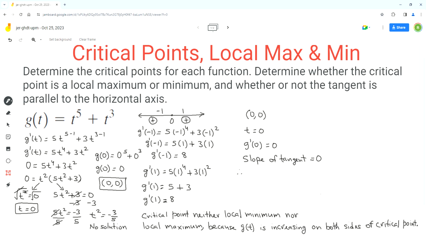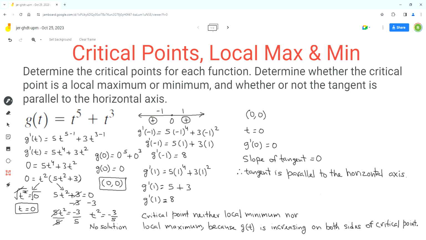Therefore, tangent is parallel to the horizontal axis.